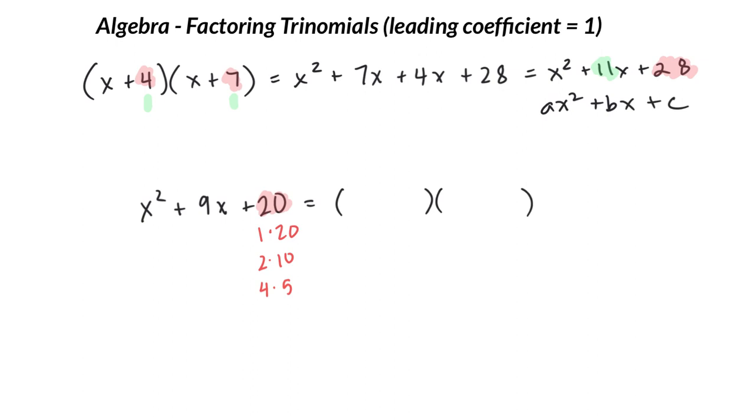Then I need to ask myself, which of those pairs adds up to be 9? So you can go through, of course, 1 plus 20, 2 plus 10, 4 plus 5 will do it. That is the pair that will multiply to be 20 and add up to be 9. So my binomials are going to be x plus 4, x plus 5. Order here doesn't matter. Remember that multiplication is commutative, so if you put the 5 here and the 4 here, that's exactly the same.